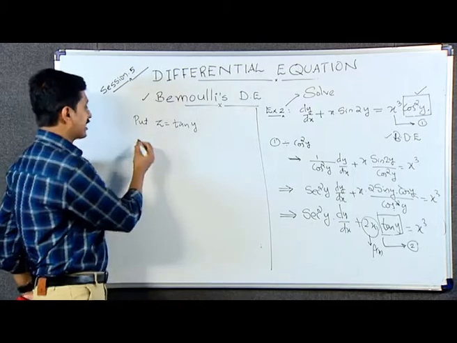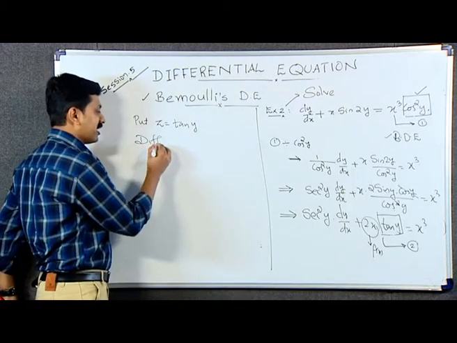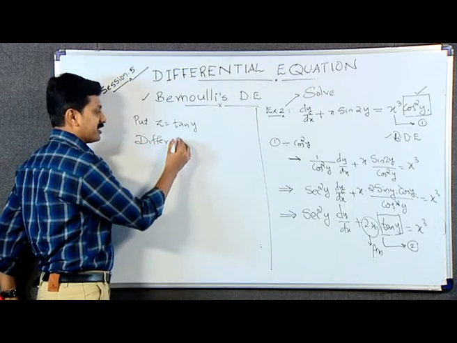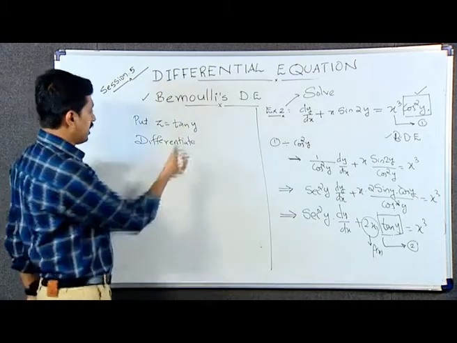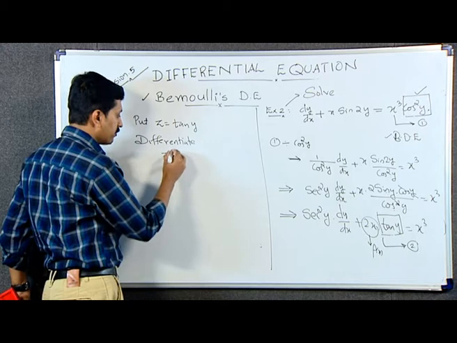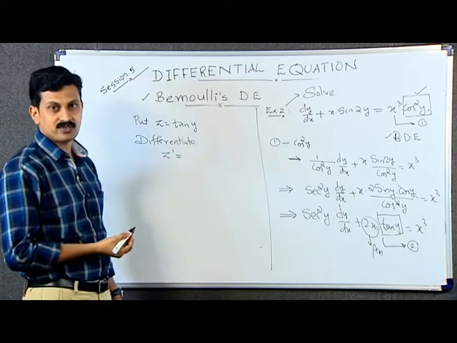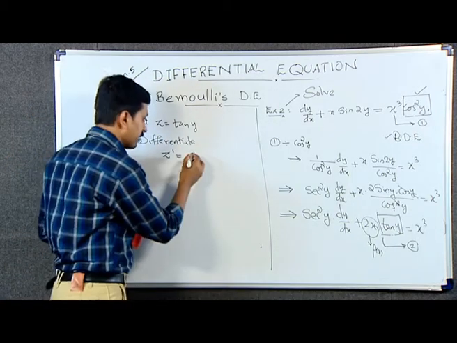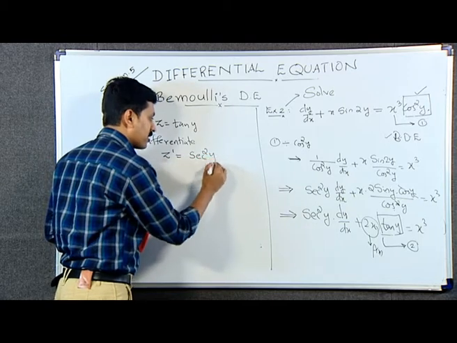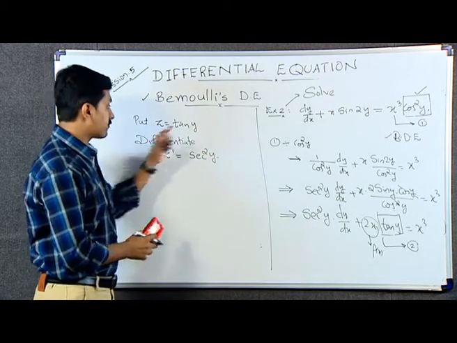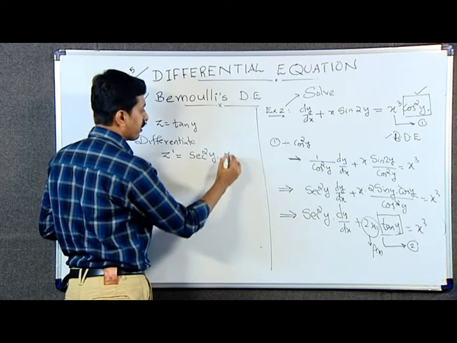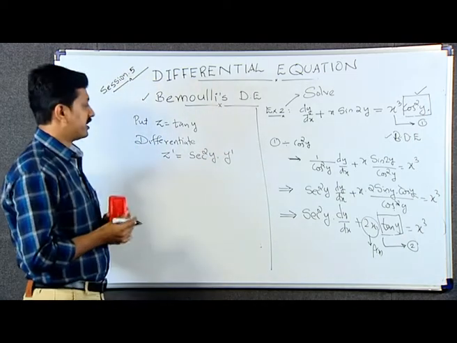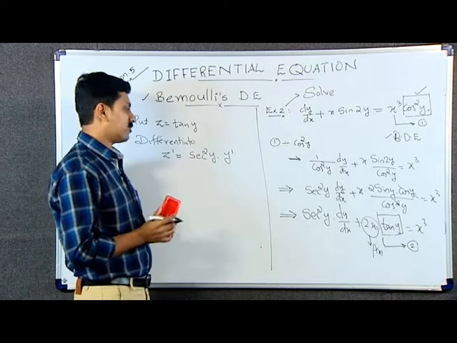Now the next step, as we did in the former problem, is to differentiate. While differentiating, we have z dash is equal to the derivative of tan y. The derivative of tan y is sec square y, and because this is a function in y, we differentiate again, so we have y dash, dy by dx. So z dash is sec square y into y dash.